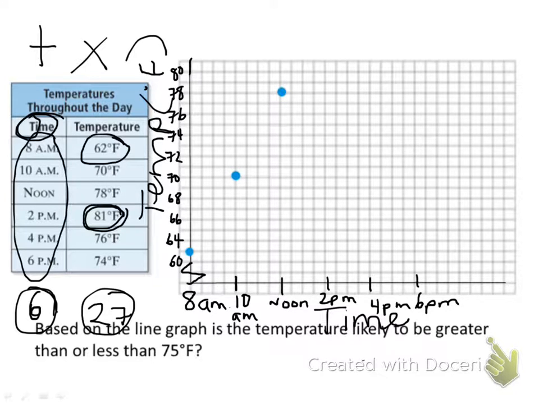At 2 p.m. it's at 81, that's the highest temperature of the day. That should be in the middle of our box. It's really hard to do on here, so try and make sure it's accurate on yours. At 4 p.m. it's at 76. And 6 p.m. it's at 74.